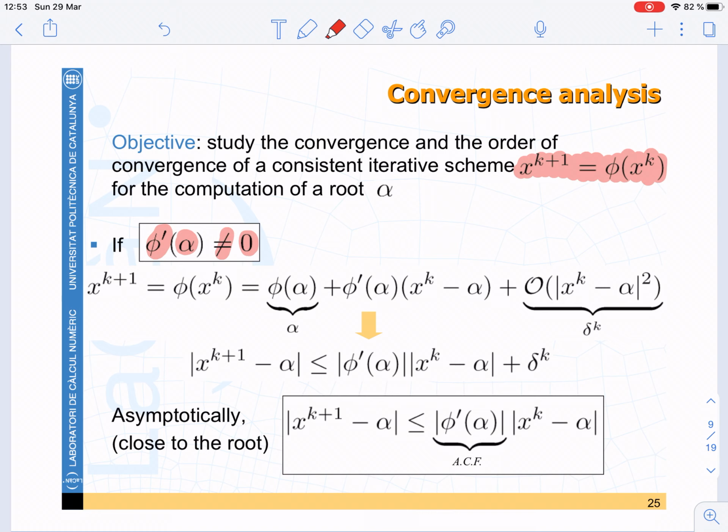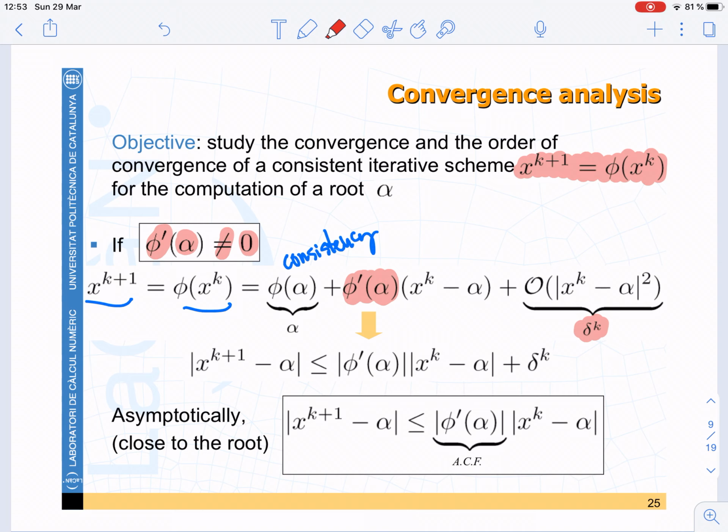Now, let us do a first order Taylor expansion so that we can express xk plus 1 as phi of xk. This is phi of alpha, but because the scheme is consistent, phi of alpha is alpha, plus a first order term involving phi prime of alpha plus higher order terms delta k.